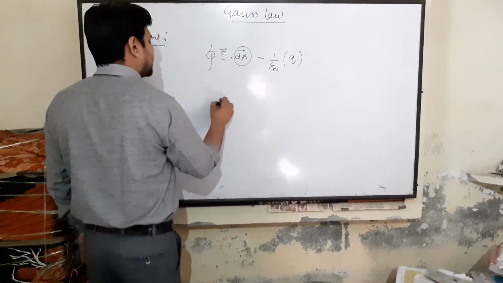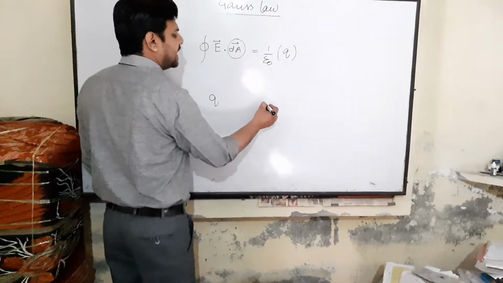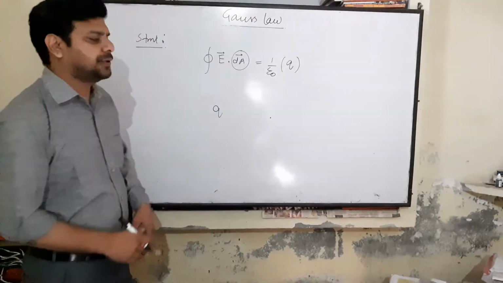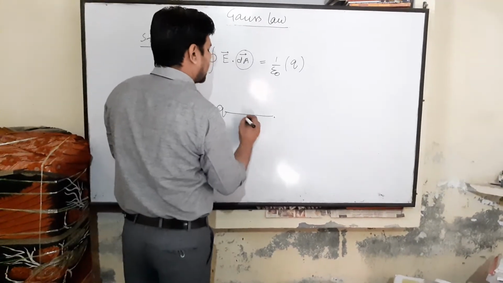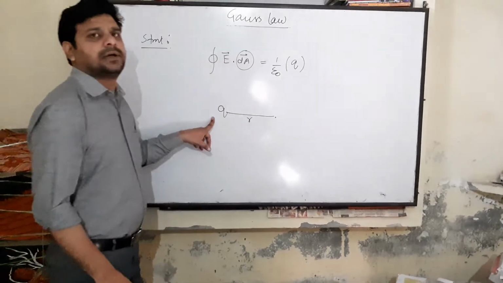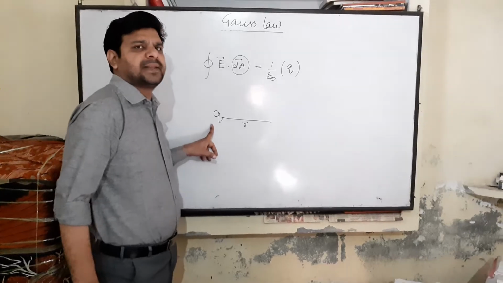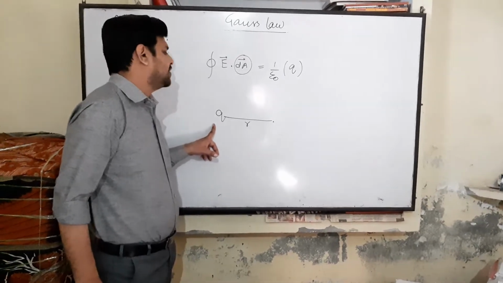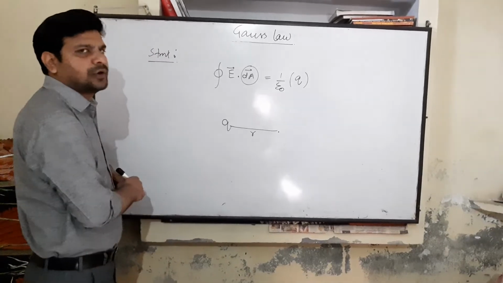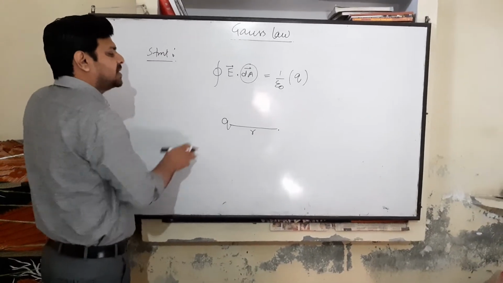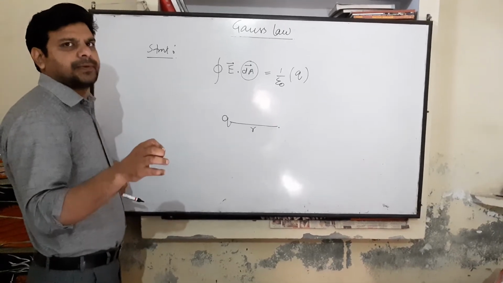Consider we have a charge, and if we want to find the electric field at this point due to this charge, which is at a distance r from this charge, first of all, first step, make the Gaussian surface which encloses the given charge. For a point charge, always remember, we will use a spherical Gaussian surface.